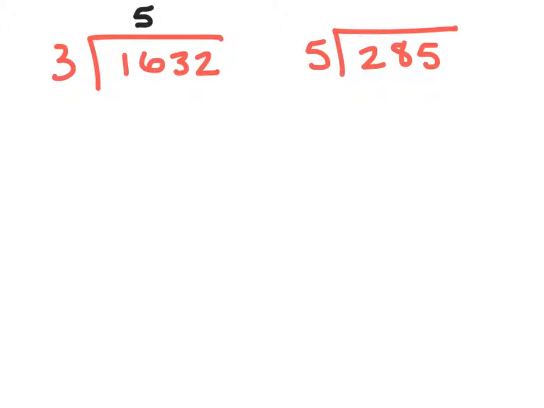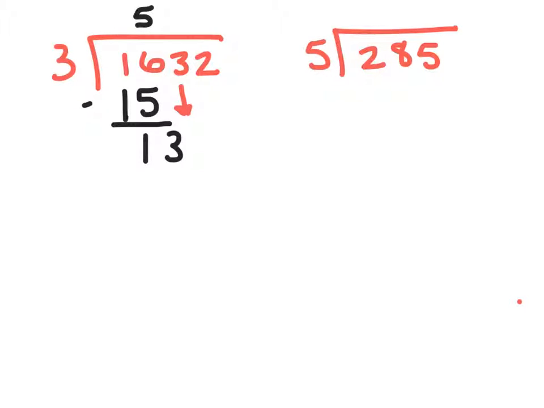So 3 goes into 16, 3 times 5, and then we always subtract. So 16 minus 15 is 1. So there's a remainder 1 there. And then what we do is we bring down this number, and so down it comes, becomes 13. So now we say, how many times does 3 go into 13?